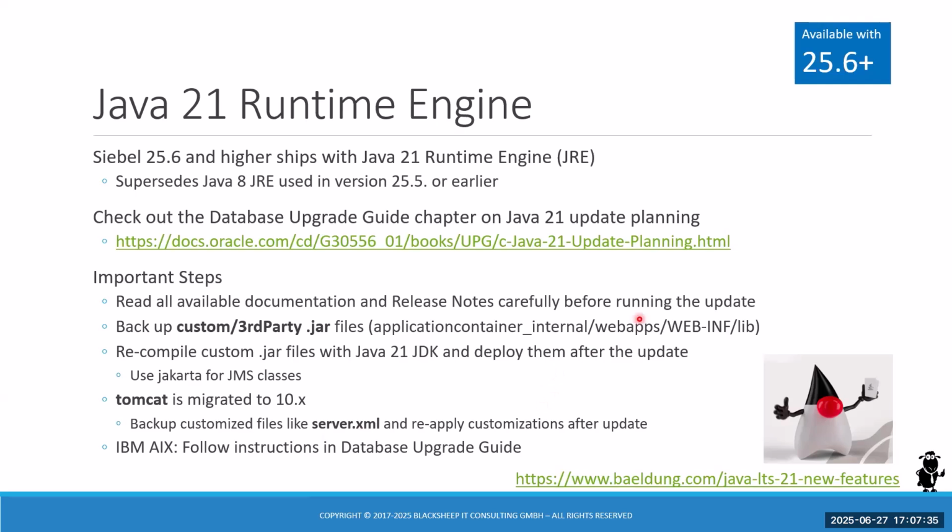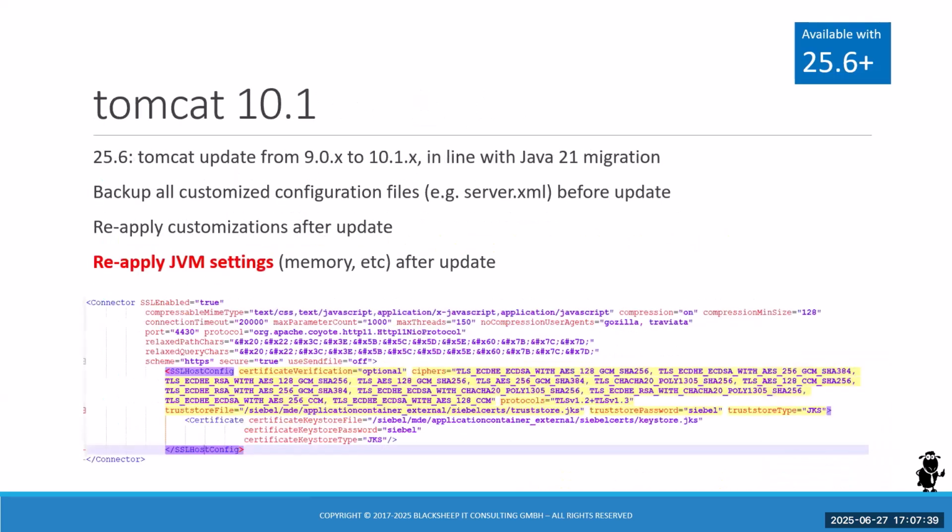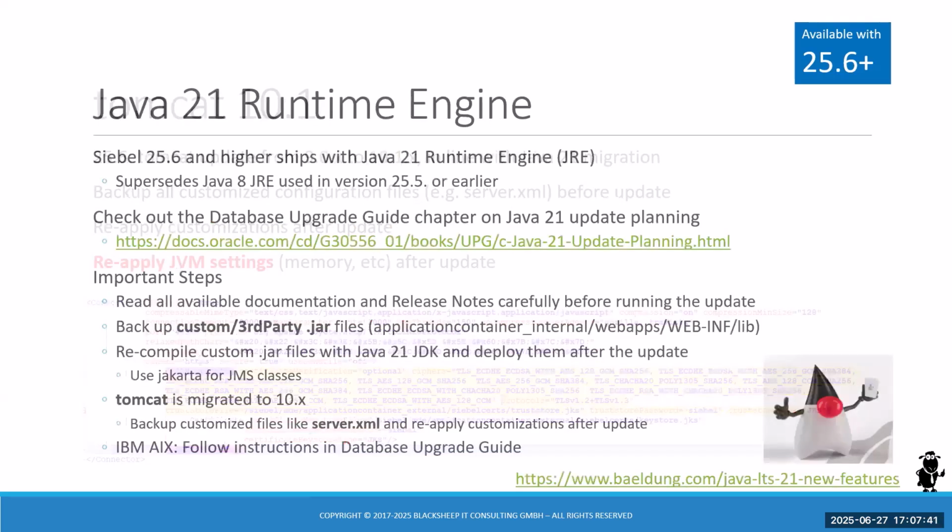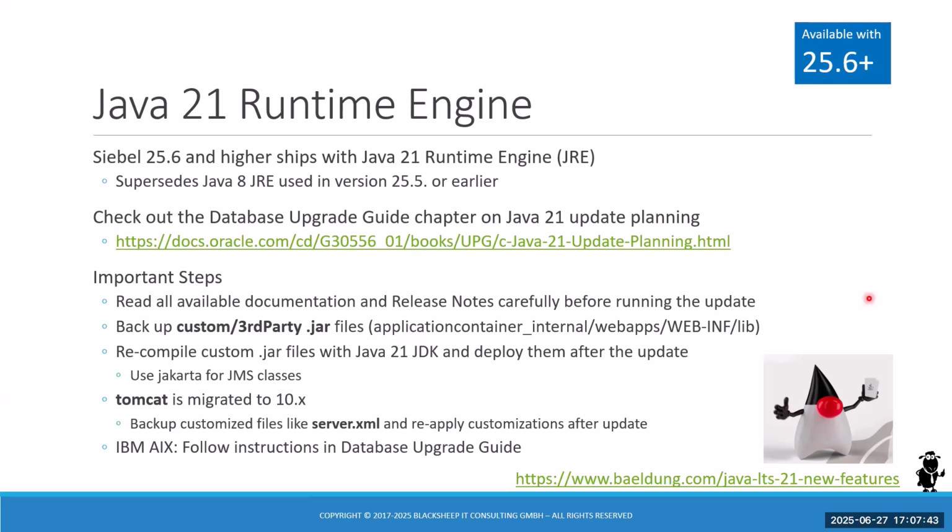So does anybody have any experience already to share on the update? Oh yeah, so what do you want to share? Well, there's a bug in the Siebel.war file that has to be removed.